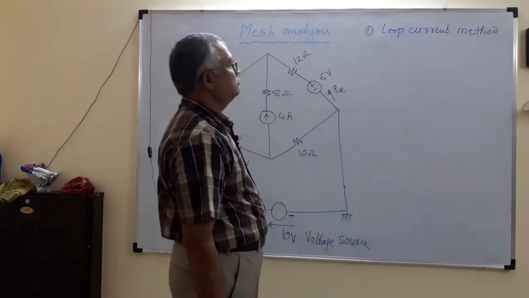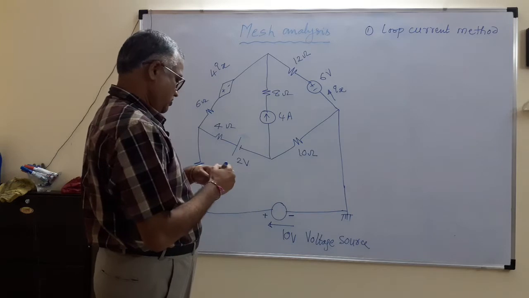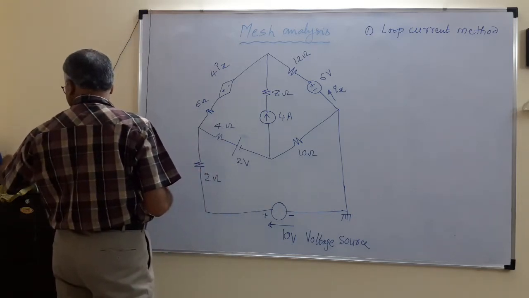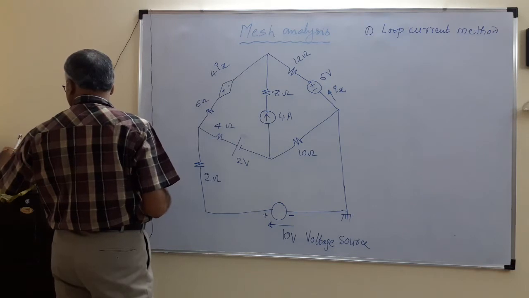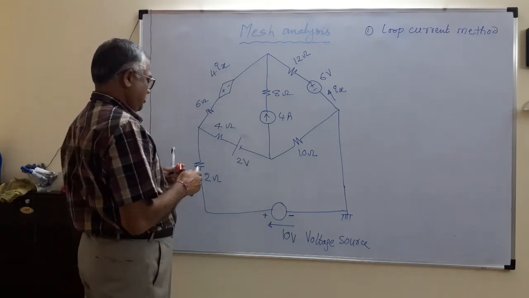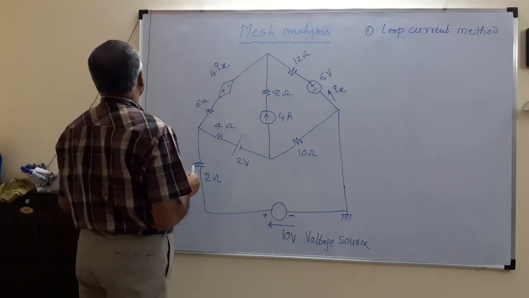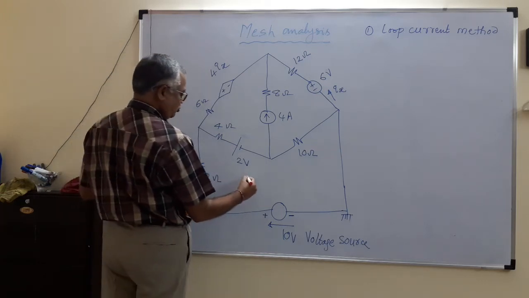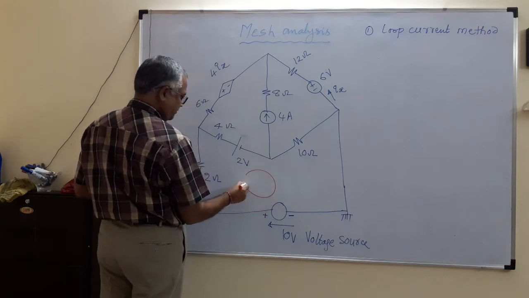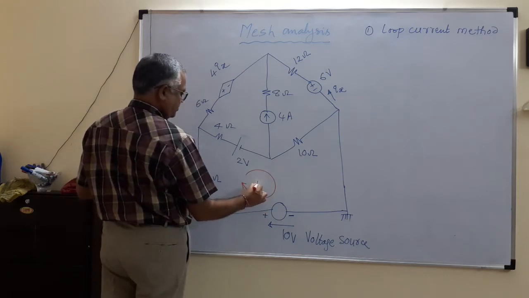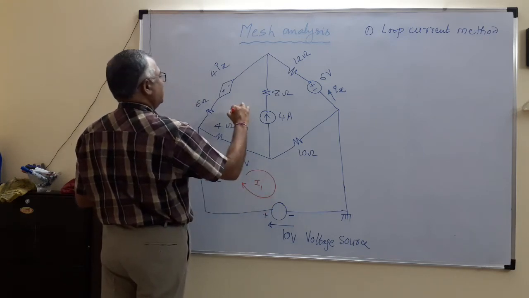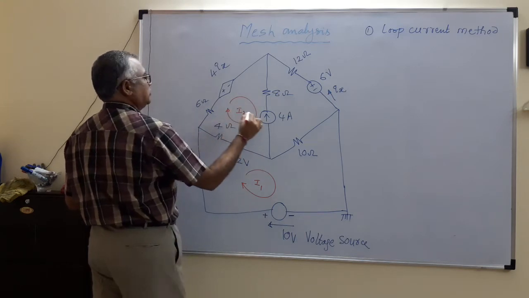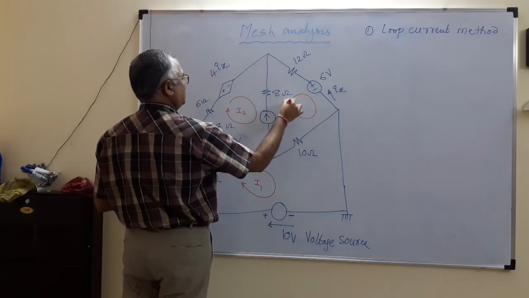So let us understand this first. Every independent loop, replace with a loop current. Let us say I1. This second loop, replace with I2. This third loop, I3.